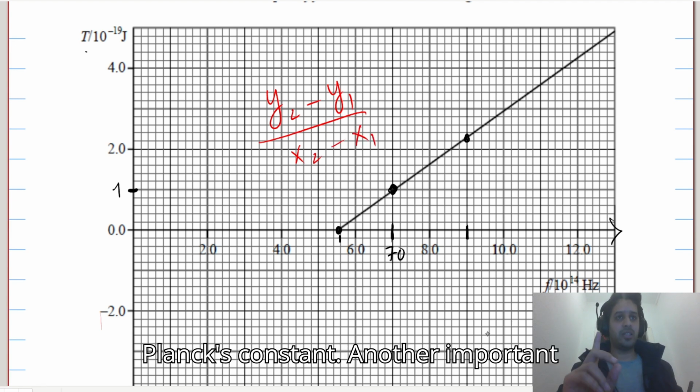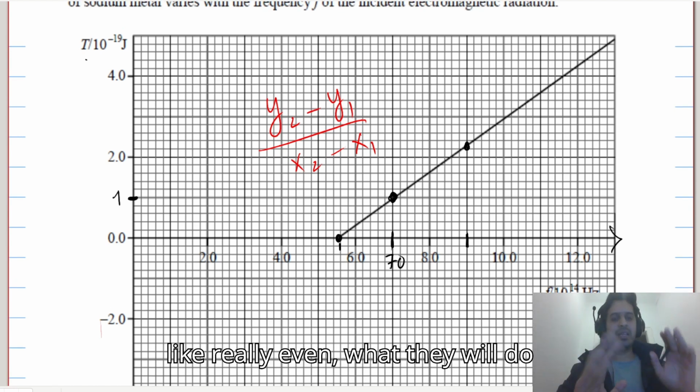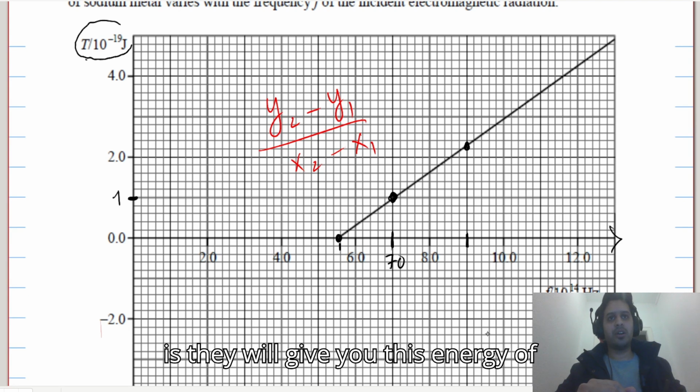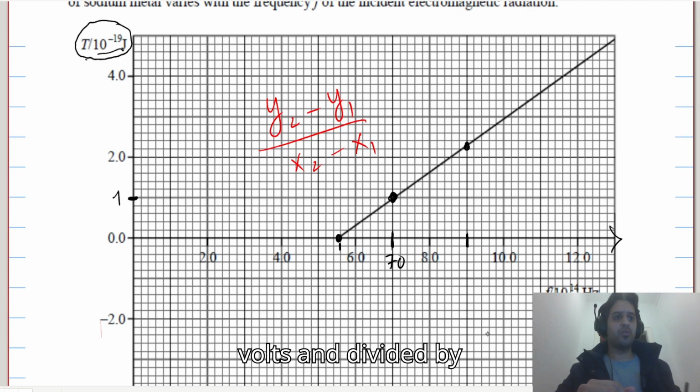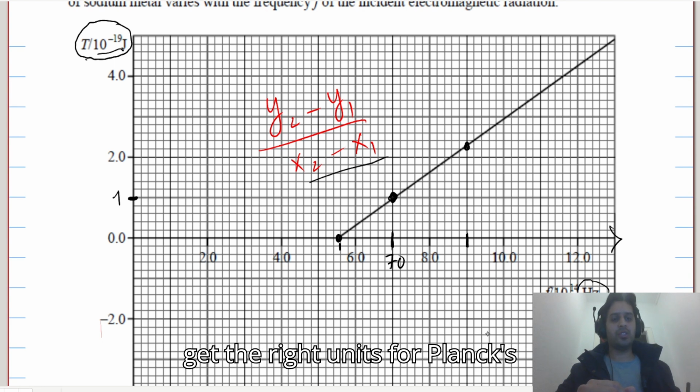And you will get the value of Planck's constant. Another important thing, sometimes if they are really evil, what they will do is they will give you the kinetic energy in the units of electron volts, right? And if you use electron volts and divide it by frequency, which is in hertz, you will not get the right units for Planck's constant, which is h.